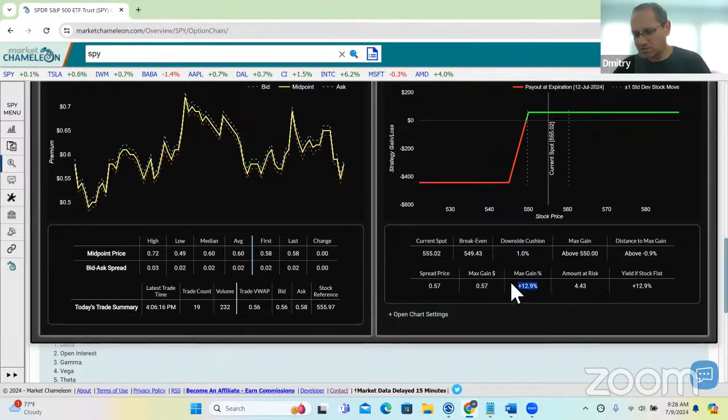So in 4 days, if the scenario is that it's above 0.9%, you're going to yield 12.9% on the amount at risk. What if the stock just stays flat, nothing happens? Then your yield is still 12.9% because all those options will expire worthless. So that covers the credit put spread.